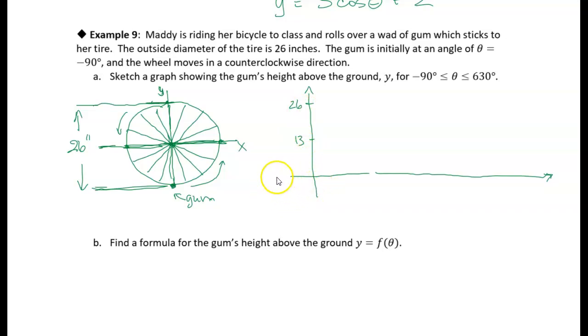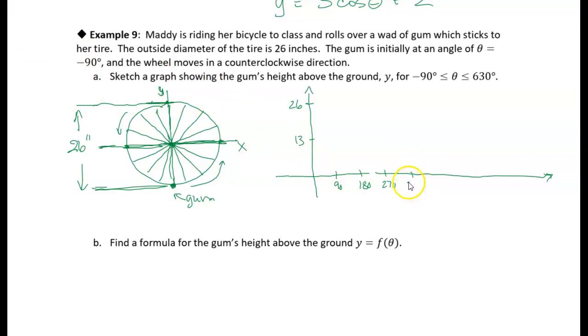Now she's starting out at minus 90 degrees. So we've got to go all the way to 630. So let me mark out this axis so I can get all the way to 630. If this is 90, this is 180, this is 270, I'm trying to get it evenly spaced here.